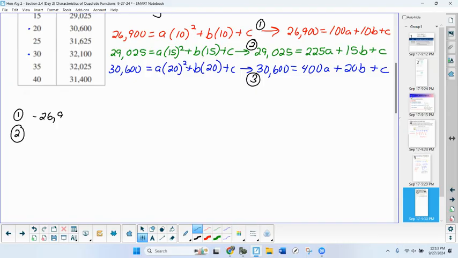Negative 26,900. And then what? Negative 100A minus 10B. Let's see.